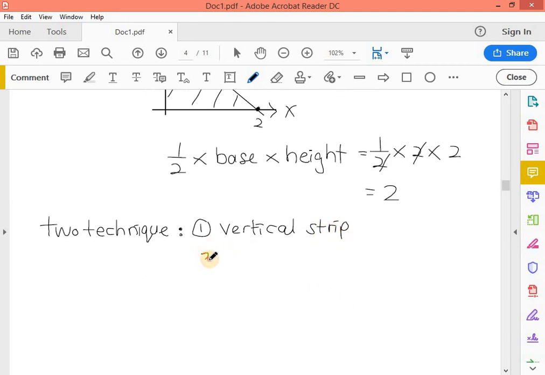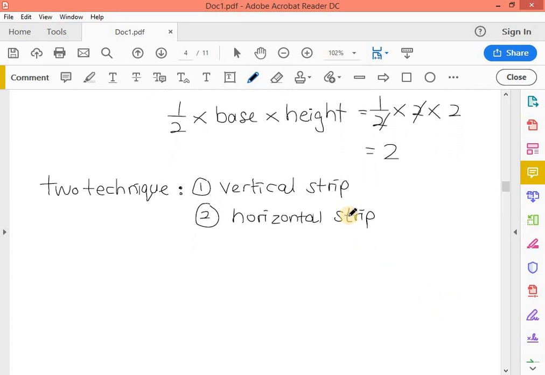The second one is the horizontal strip technique. I will explain one by one. So let's look at the first one, vertical strip.